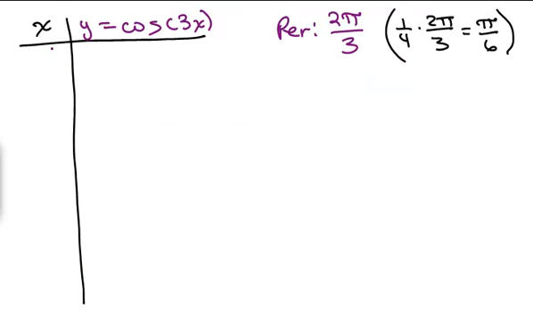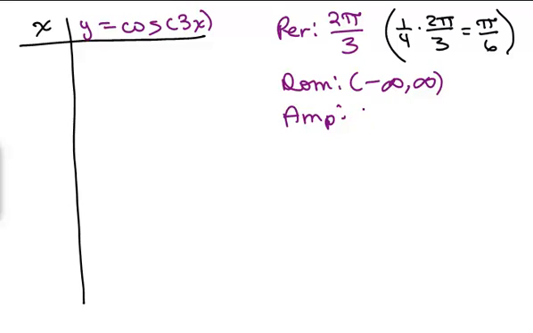Now, before writing down our x-coordinates, let's see what else we know. What is going to be the domain? It's always the same for cosine and sine, negative infinity to infinity, because there are absolutely no restrictions. Now, what about the amplitude? That would be the coefficient in front of the cosine, which is 1.